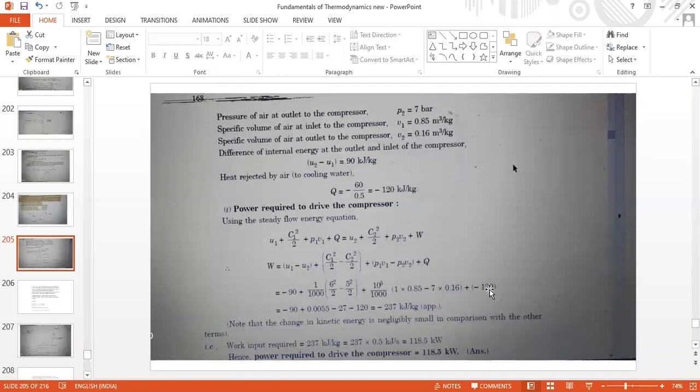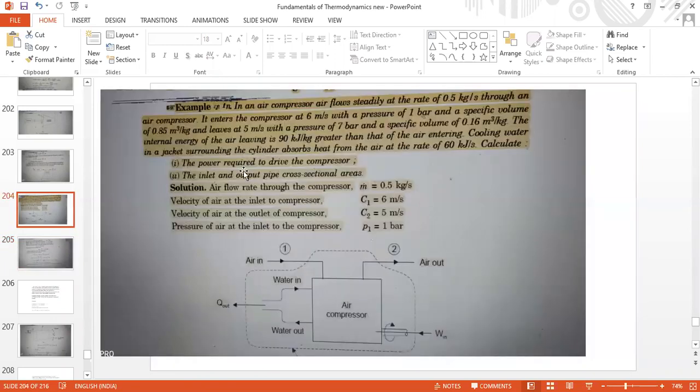We do it like this. And heat rejected is given as 60 kilojoule per second. So again, this is to be divided by mass flow rate 0.5. So 60 by 0.5 is 120.